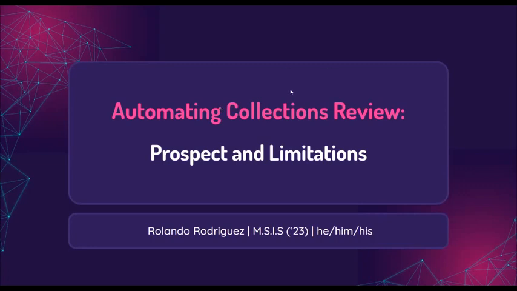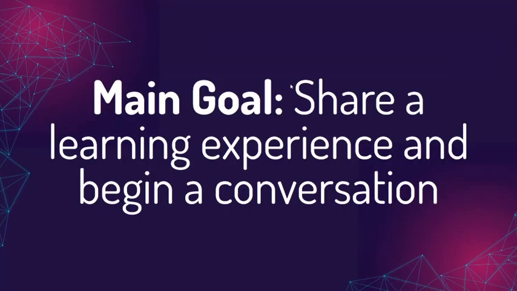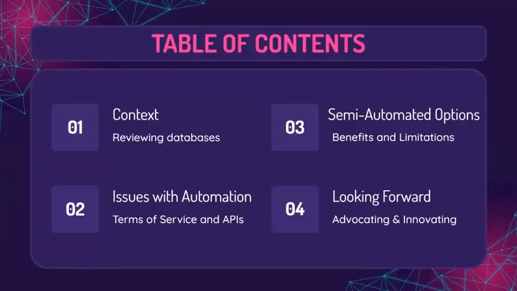So as I begin, I want to first lay out my main goal for my presentation, which is to share a learning experience I had at the end of last semester and begin a conversation, or continue a conversation that I've been having with some folks, and hopefully begin new ones with others who may be interested in this topic. To give a roadmap: I'll begin by providing the context.